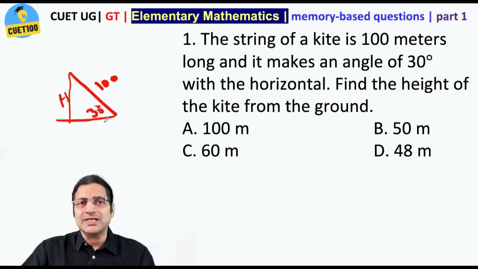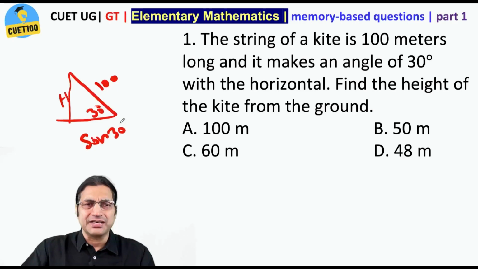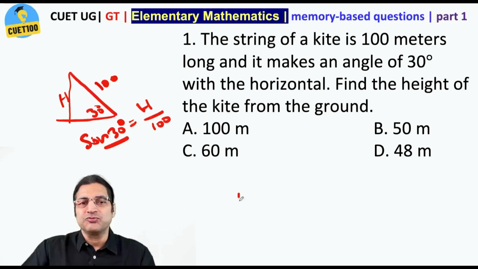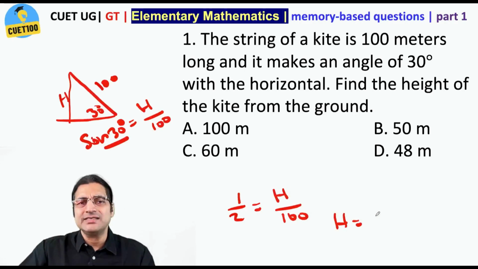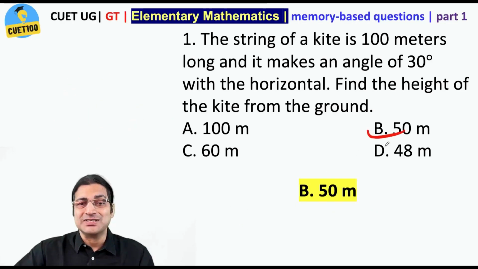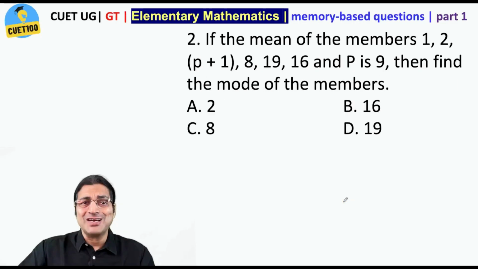Don't we know that sine 30 degree would be equal to h by 100, and sine 30 degree is 1 by 2. So 1 by 2 is h by 100, and hence your h is 50. Was it not a very doable question? So this is your answer.